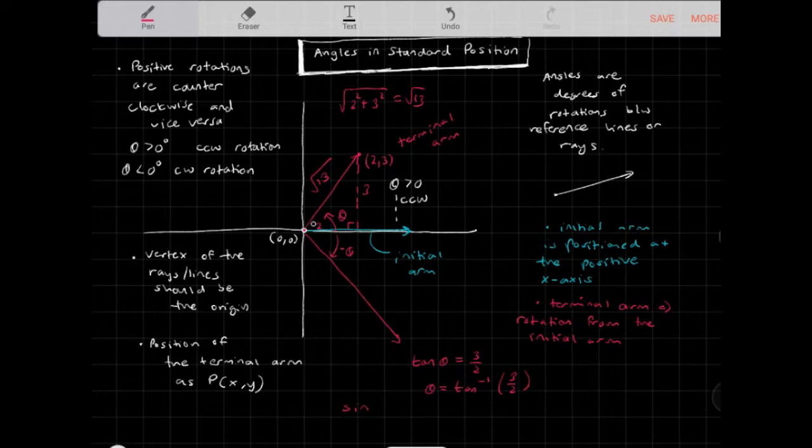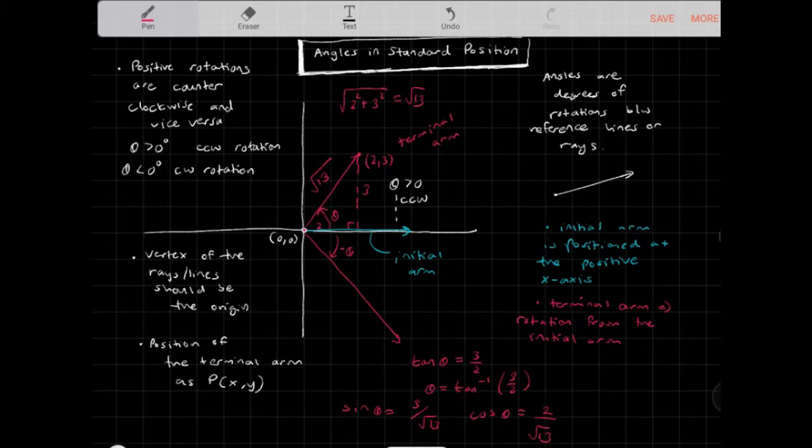So sine, in this case, if this is theta, right, because it's a counterclockwise rotation, which is positive, then sine theta is 3 over square root 13, and cosine theta is 2 over square root 13. So that's another benefit of having the vertex at the origin, because we can represent the terminal arm as a point of x and y, and then we can create a right angle triangle, right?